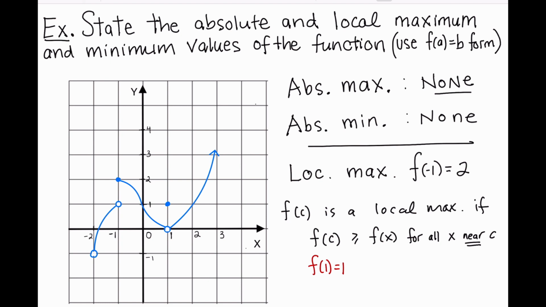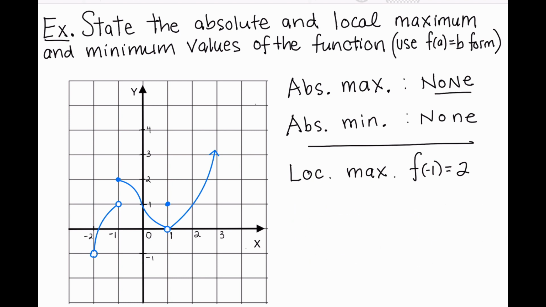And f of 1 is equal to 1, and 1 is larger than any of the outputs I have down here. So f of 1 is greater than f of x for all x near 1, and that's true. So in this case, we also have a local maximum. Again, it doesn't look like a local maximum, but f of 1 equals 1 is also a local maximum.